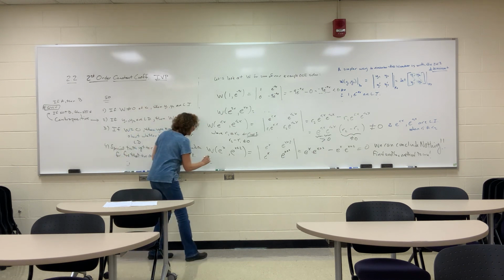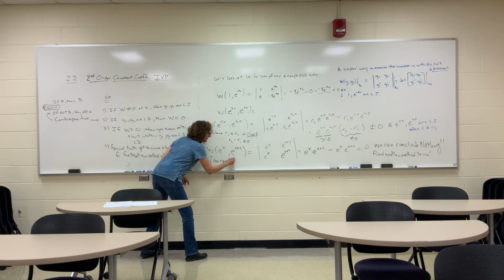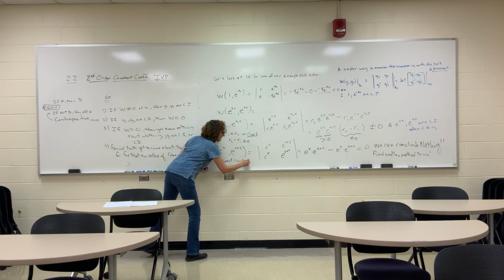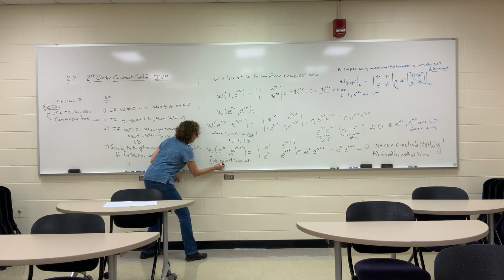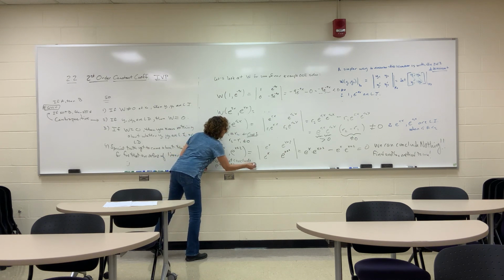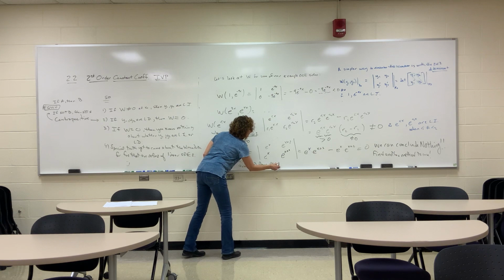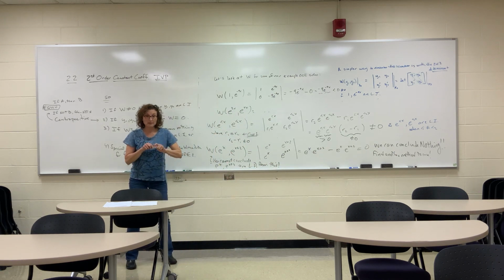You cannot conclude that e to the x and e to the x plus 2 are linearly dependent from this. Does that make sense?